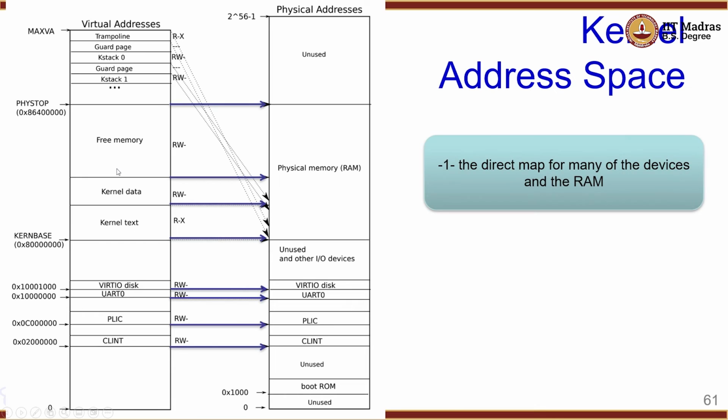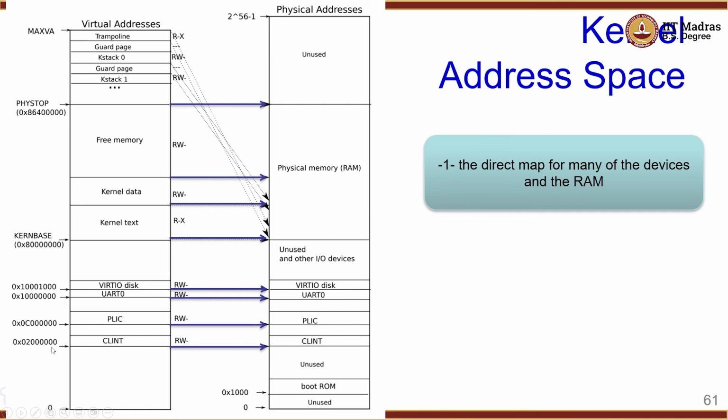Okay, so we see that besides the kernel code and kernel data, every device, the UART, the PLIC, the CLINT and the VirtIO device, are very similarly directly mapped to the corresponding physical addresses.